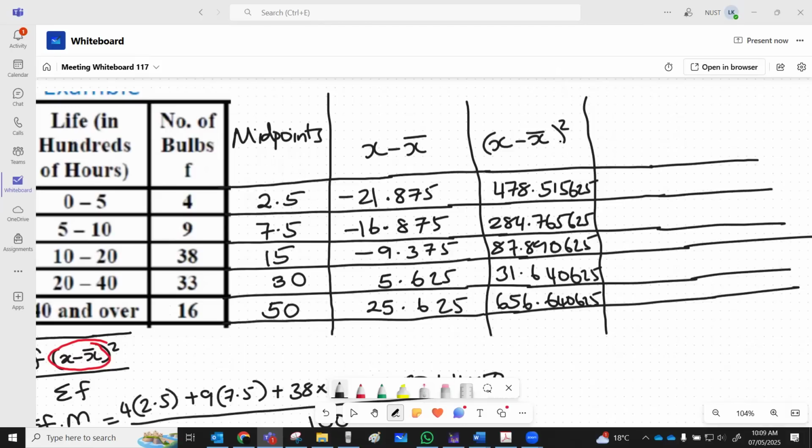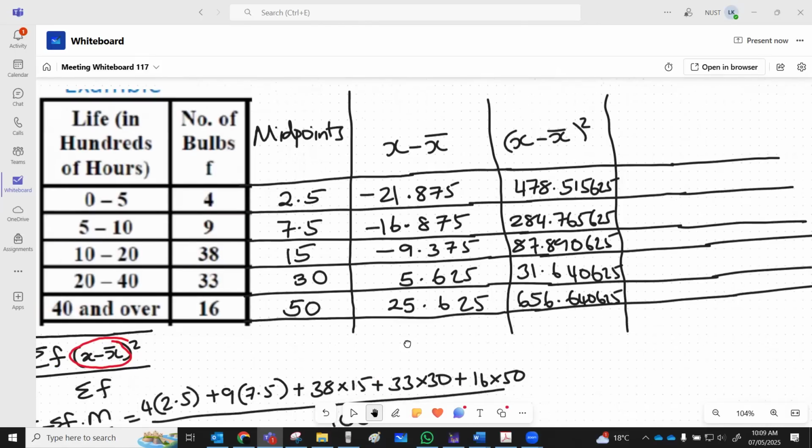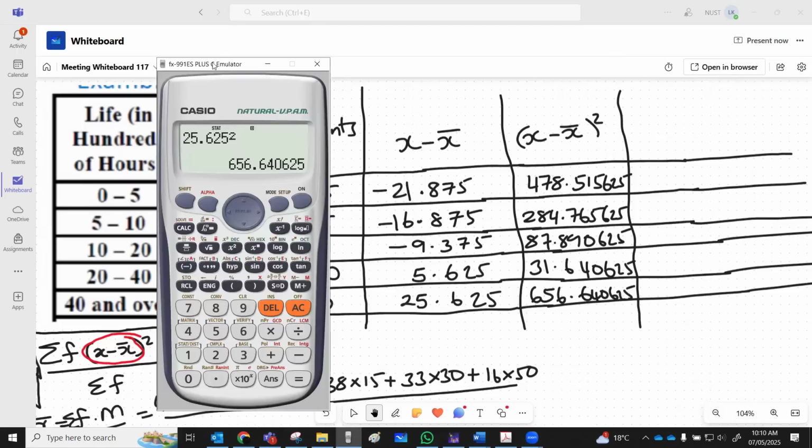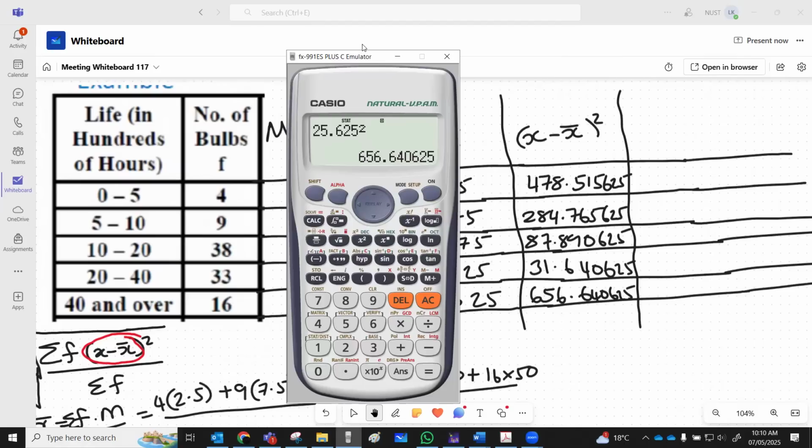So the other formula might be much faster than this one. Then the next thing, if we go back to our formula, here we have to multiply this one times what we have here. So we take our frequency and multiply. So we have 4 times this one. I think now I need to just round off. So we have 4 multiplied by 478.515625.